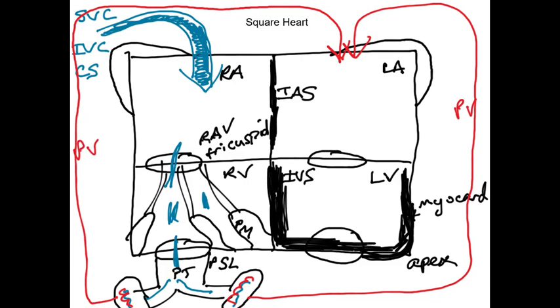The red blood that came into the left atrium, similar story, is now going to pass through, when the left atrium squeezes, through this valve. And this valve, you guessed it, is the left atrioventricular valve, nicknamed the bicuspid, or the mitral valve.